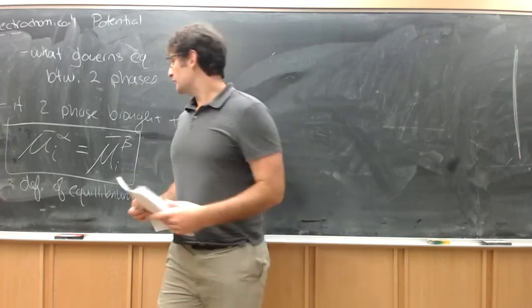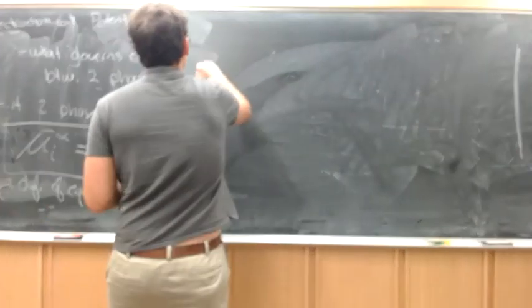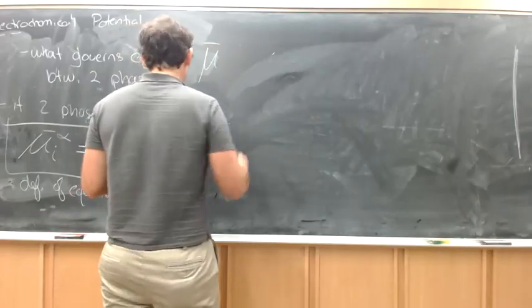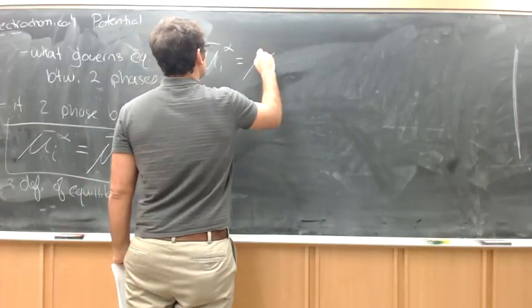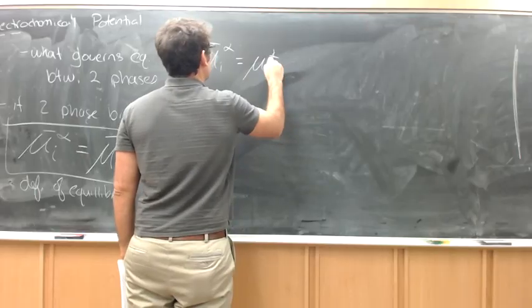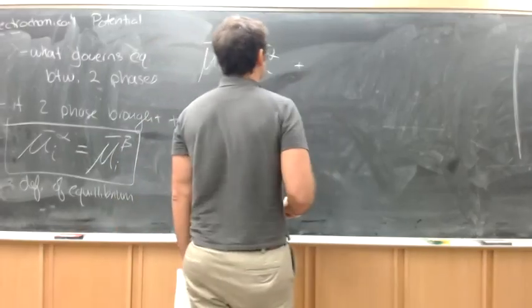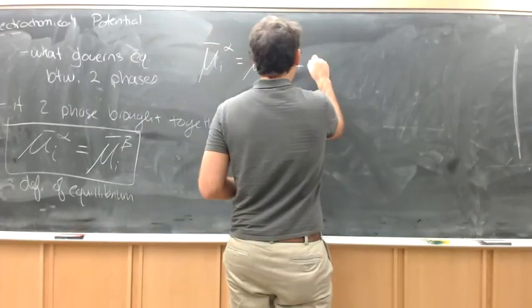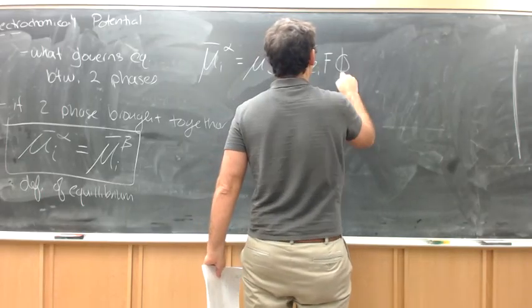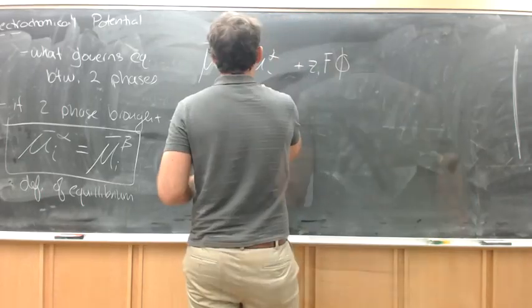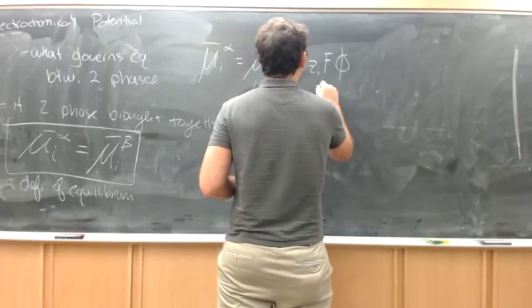So what we do is we say mu bar i of alpha equals mu i of alpha plus the charge on i times Faraday's constant times phi, the electrostatic potential. This is going to be term 1, and this is going to be term 2.